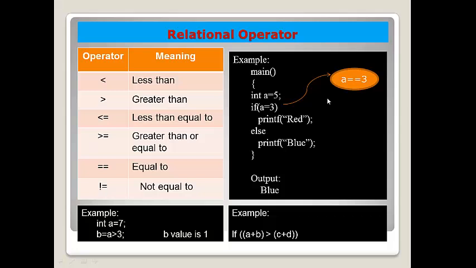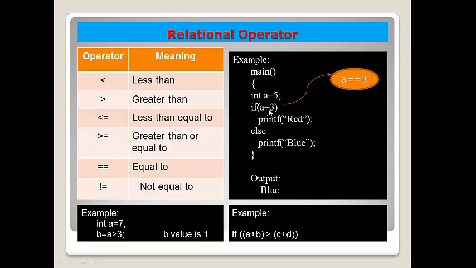If we change it to a double equal to 3, it displays blue. Because if you put only a single equal sign, it is treated as an assignment operator. The compiler treats it as an assignment operator. If we put a double equal sign, the compiler treats it as a relational operator.